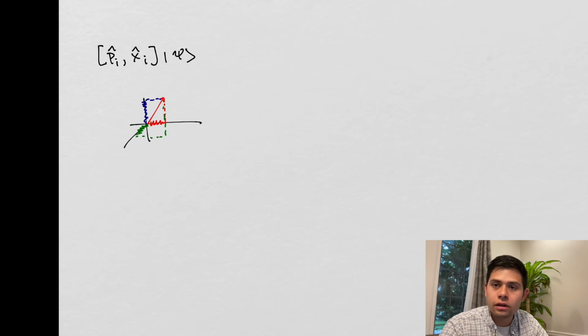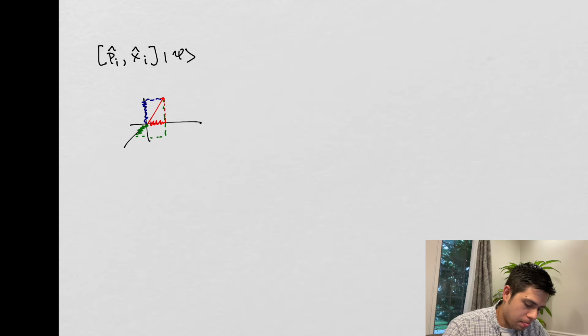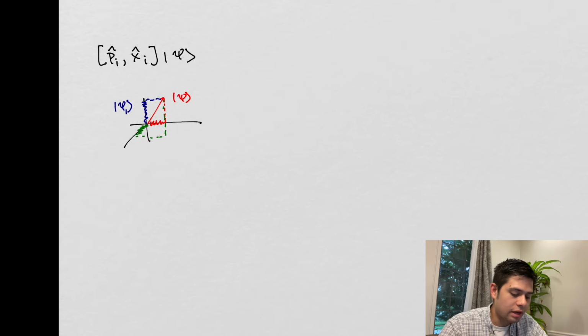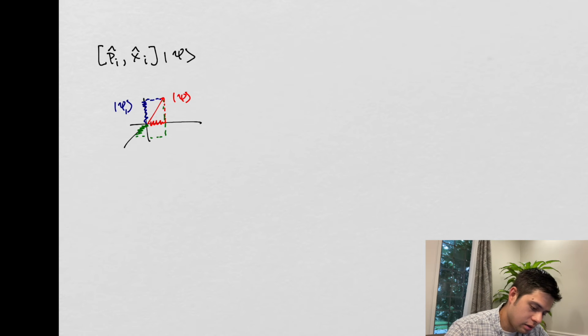These weights again are, if the red one is given by some state, phi, then the blue weight on this dimension can be a possible outcome of the state. And then perhaps there's another possible outcome that the state could be in.